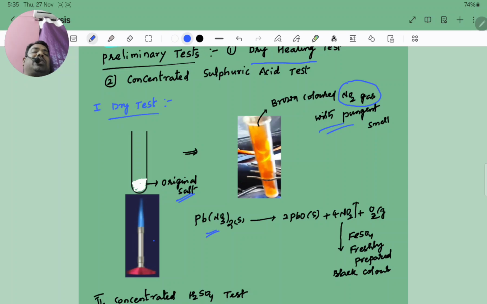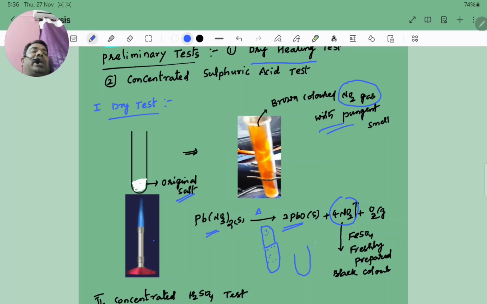Now this is the salt, student, on heating it will produce lead oxide and production of what? NO2 gas, right. Now take another test tube, student, and keep it in reverse. Collect the NO2 gas here, so this NO2 gas is present here, right.